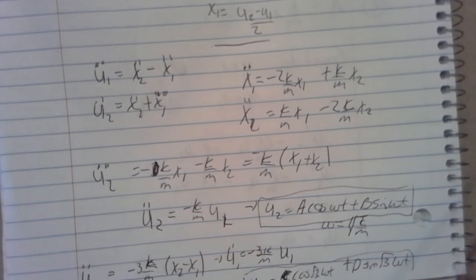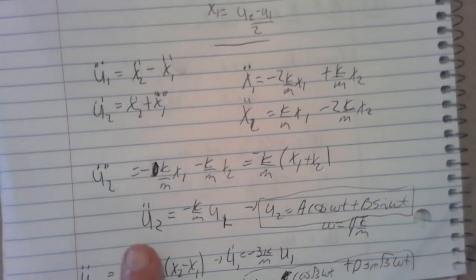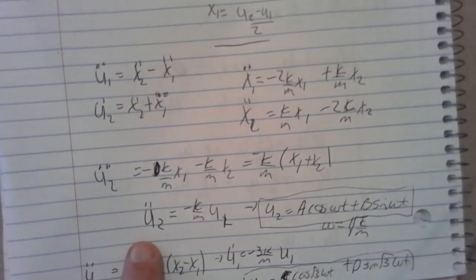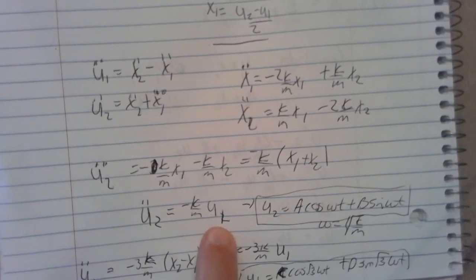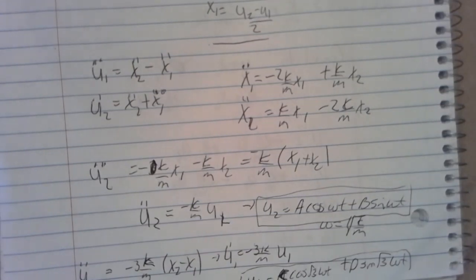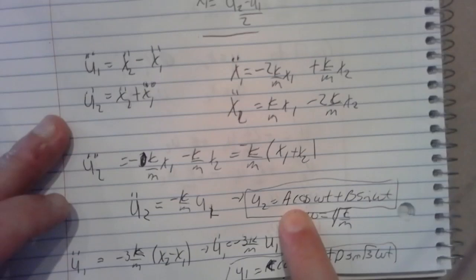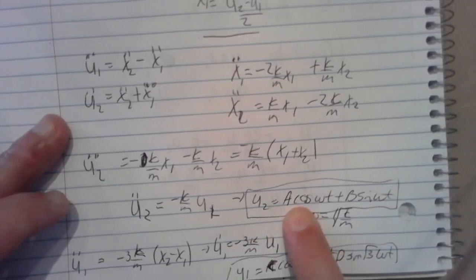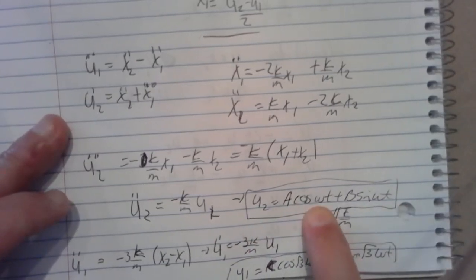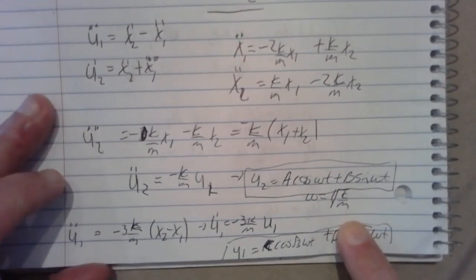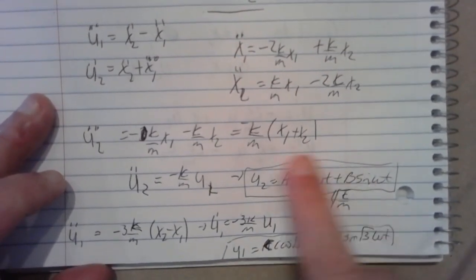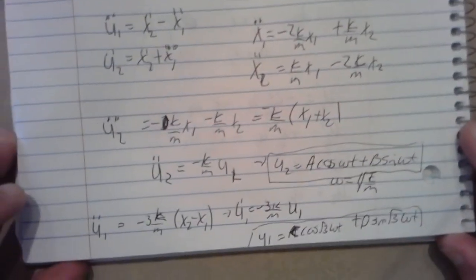And we know how to solve that. We want some function whose second derivative is a negative version of the original function. We know what that is. That's sines and cosines. So we get u2 is some cosine plus sine, where omega here is the square root of k over m. We call that the angular frequency. And you should check that solution on your own.